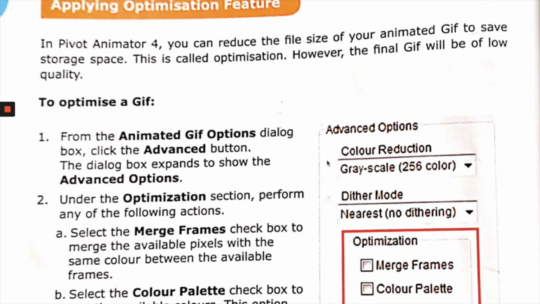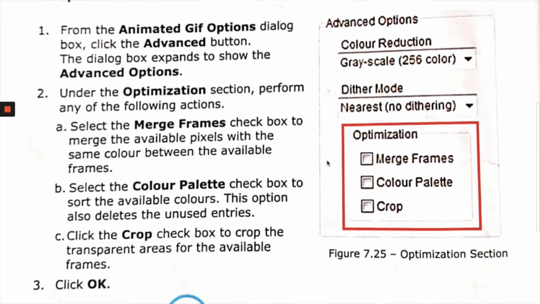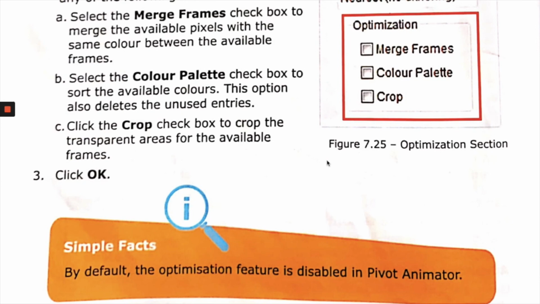Under the optimization section, perform any of the following actions. Select the Merge Frames checkbox to merge pixels of the same color in the available frames. Or you can select the Color Palette checkbox to sort the available colors.